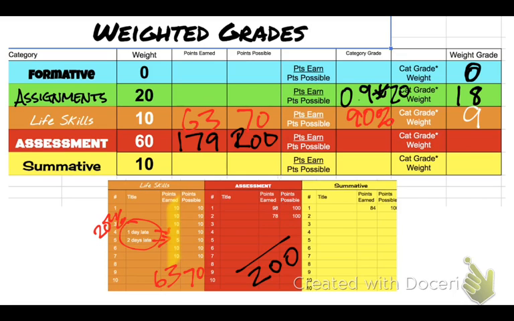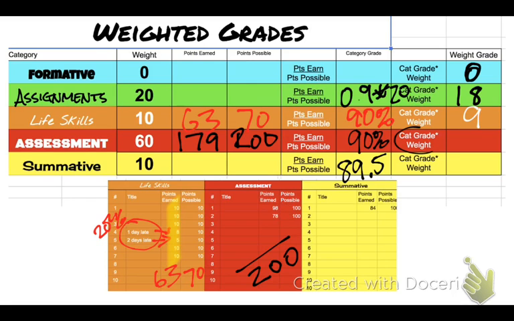So what is that in percentage form? 89.5. So if I'm rounding to the nearest percent, what would it be? 90. Now, how did you know it's 90? Because that 5 is going to bump it up, right? Okay, so technically this is 90 again. Look at that. Coincidence? I think not.